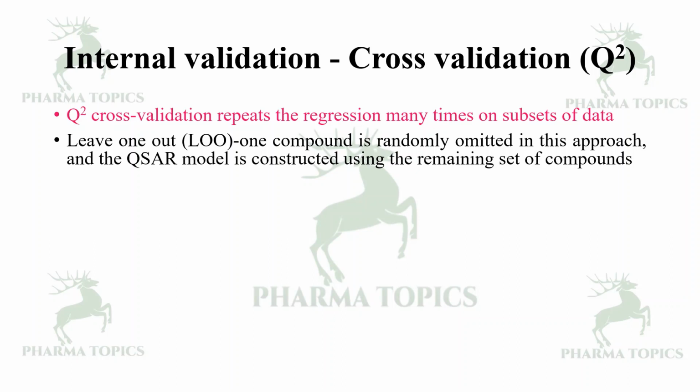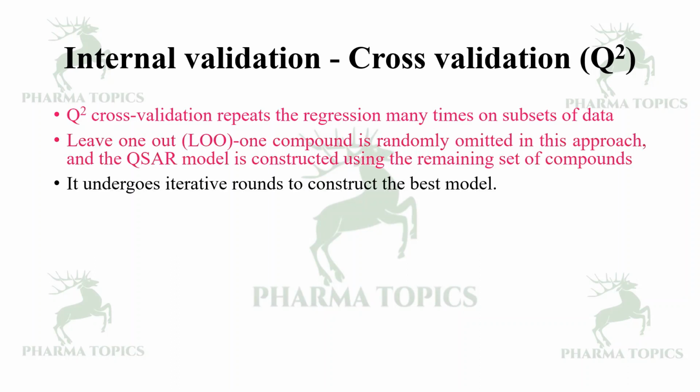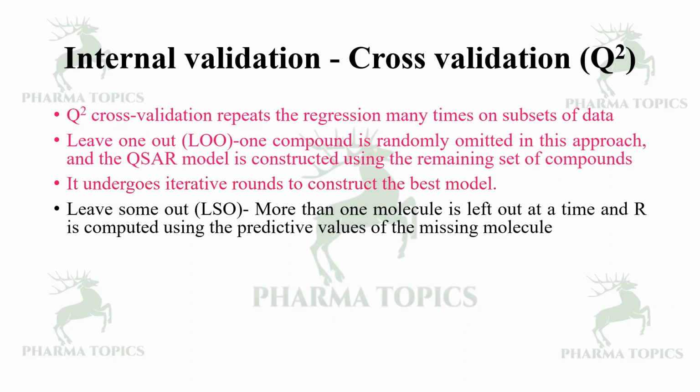Suppose you have 100 compounds, one compound becomes the test set and the others become the training set. Then the second compound becomes the test compound and the other compounds become the training set. Like that it goes on. There are many iterative steps involved. It undergoes iterative rounds to construct the best model. It is a very old model. Nowadays it is not followed.